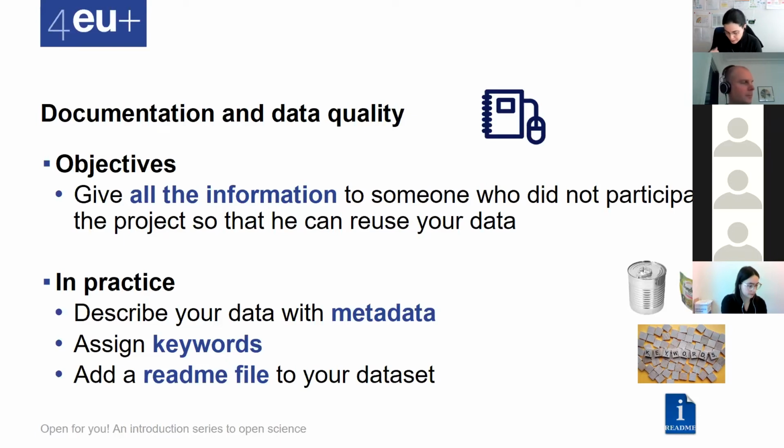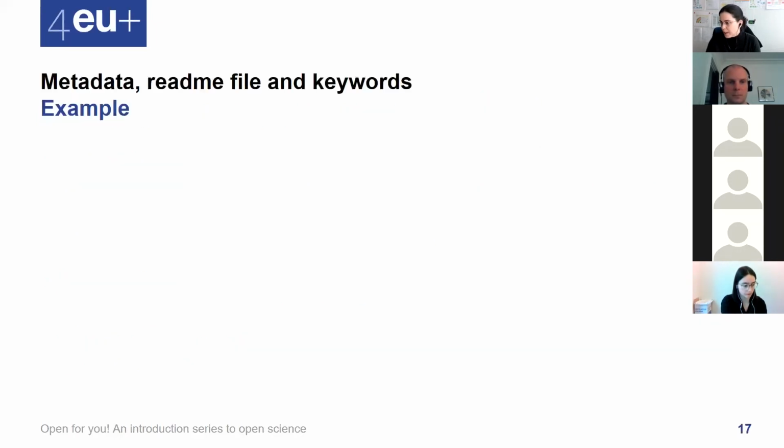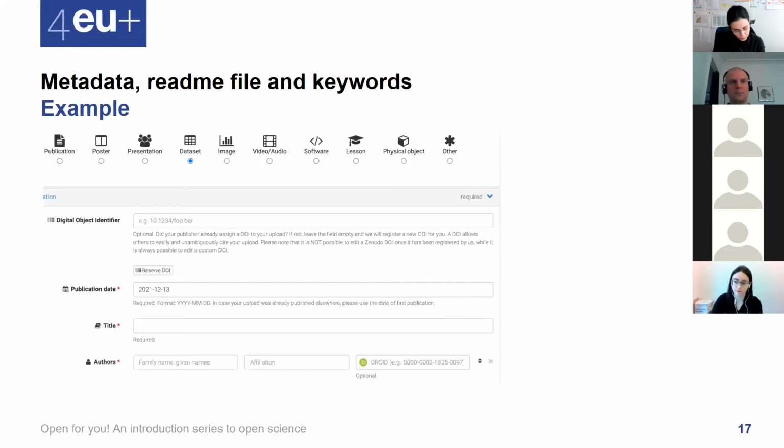Then you will need to assign keywords, or better yet, use vocabularies specific to your field. In health studies, for example, a well-known and widely used vocabulary is MeSH. And then you need to add a README file to your dataset. So some examples too. First, if you deposit your data in a data repository, you will have metadata fields to fill in, as well as keywords to add.